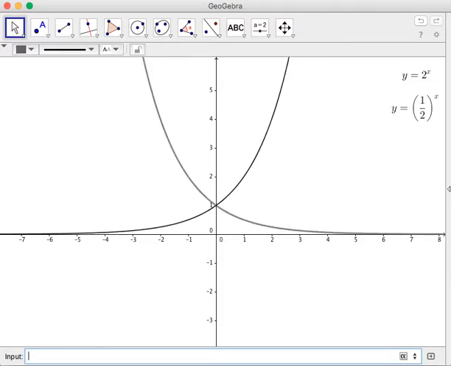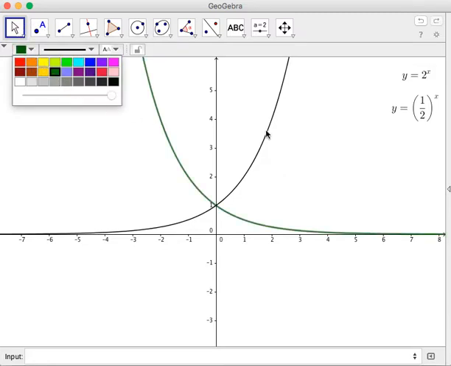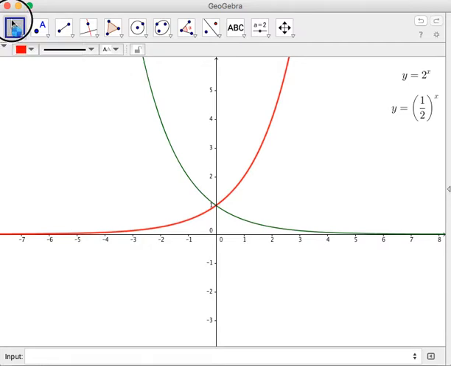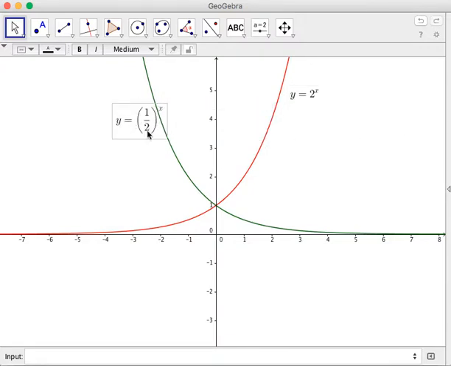Let's change the colors a bit: green for this one, and red for the other. So this is the graph of y equals 2 to the x, and this is the graph of y equals 1/2 to the x.